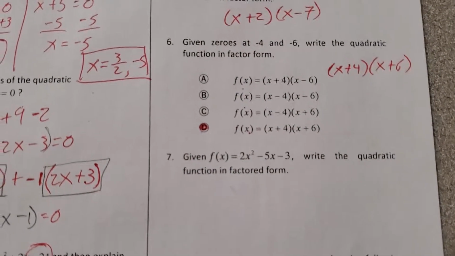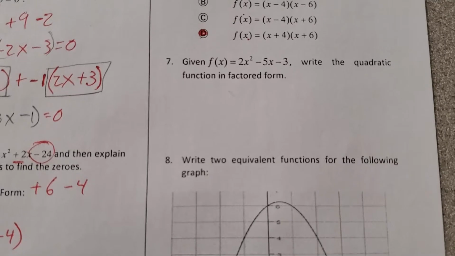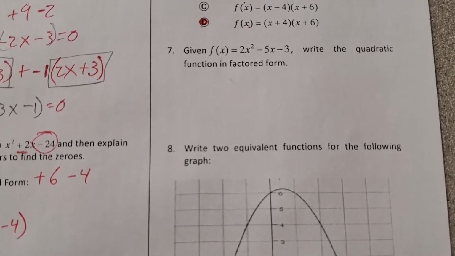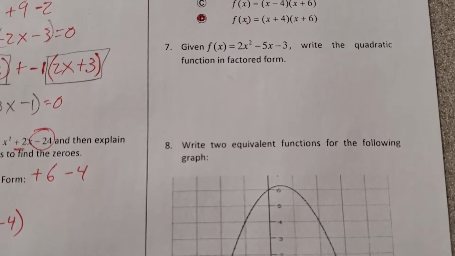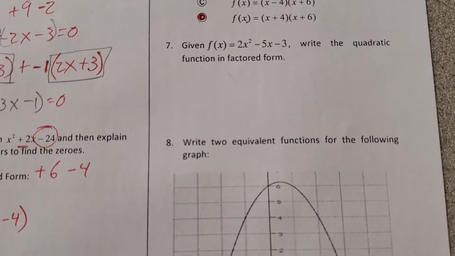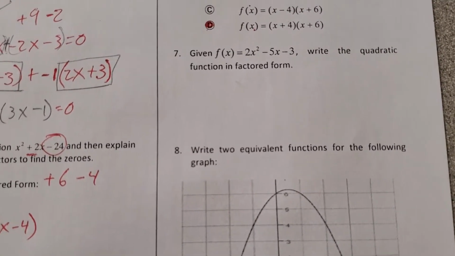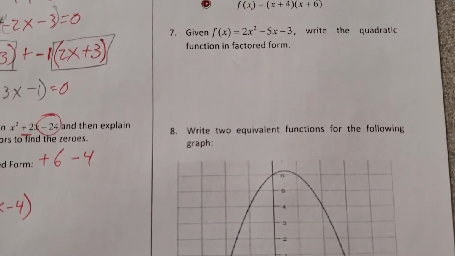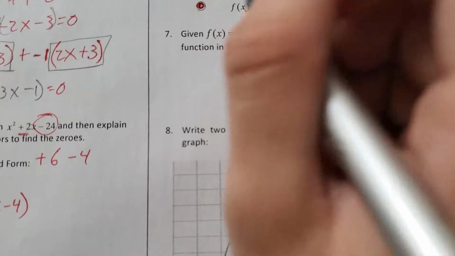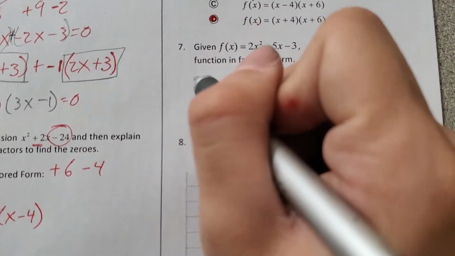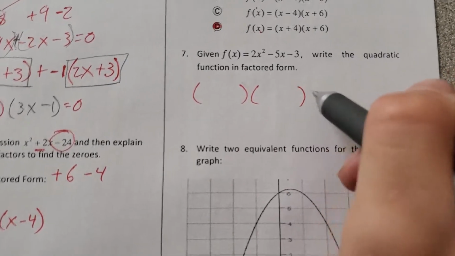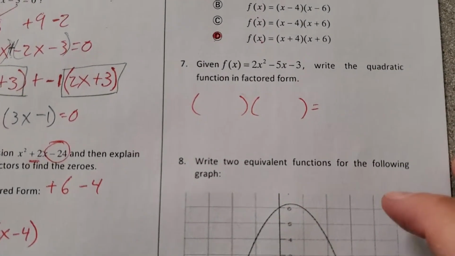Alright, jumping to the next one, number 7. Given f of x equals 2x squared minus 5x minus 3, write the quadratic function in factor form. Number 7, again, you would have to use split in the middle. Another method you can use, which is a little bit more orthodox and maybe a little bit more complicated, is trial and error.